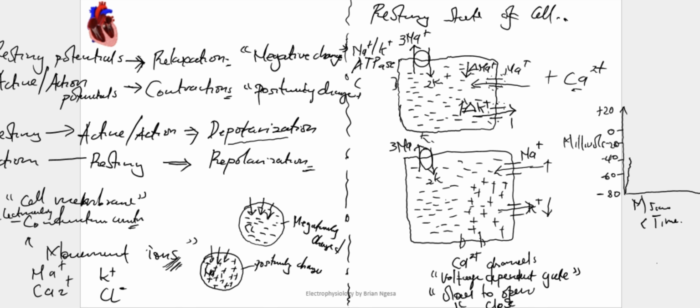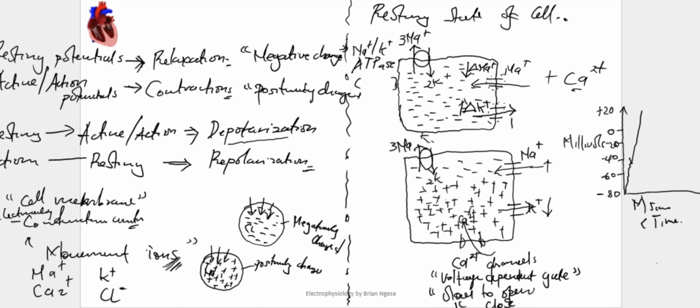As they open in a very slow fashion, they allow massive entry of calcium. And as calcium is gaining access into the cell, remember our cell is likely to become more and more positive. So let's exaggerate and put everything positive. It's becoming more and more positive, and if you follow your graph, this is what is happening.